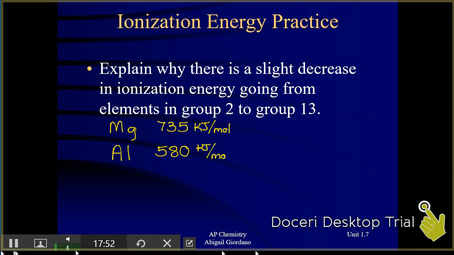Now wait just a second. I just said ionization energy increases from left to right, but clearly there's something weird going on here. I want you to think about these valence electrons for these elements. Magnesium has 2 valence electrons, aluminum has 3.